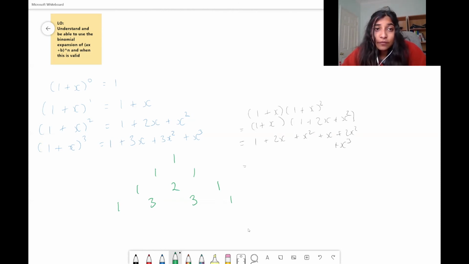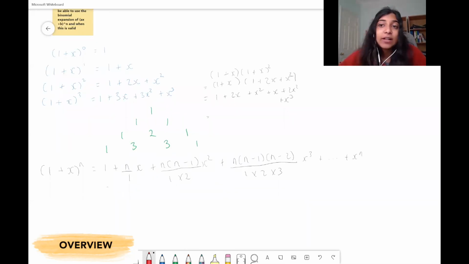So there's a formula that you can use instead of writing this all out, as that will get quite complicated. I've written out the formula here for the binomial expansion of 1 plus x to the power of n. And let's just see how you could use it.